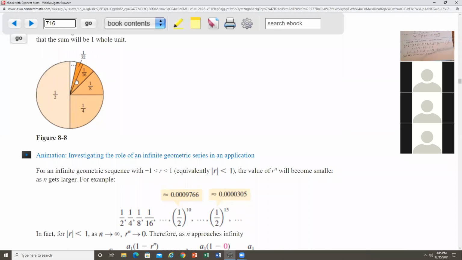Ladies and gentlemen, do you agree that if you add up these infinitely smaller and smaller slices of this circle, an infinite number now, eventually they're going to fill out the entire circle? Do you agree? Eventually they will literally fill out the entire circle. So it seems to me that the sum of all these infinite number of fractions that are getting smaller and smaller would be equal to one whole circle. Isn't that bizarre? One whole circle.